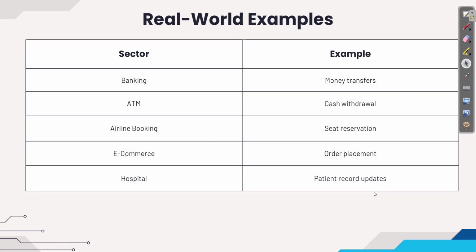Real world examples. Okay, banking, money transfer, and ATM cash withdrawal, and airline booking, seat reservations, and e-commerce, order placement, and hospital patient record updates.